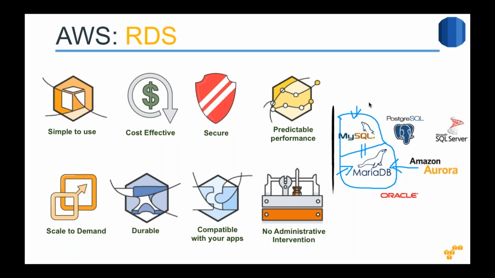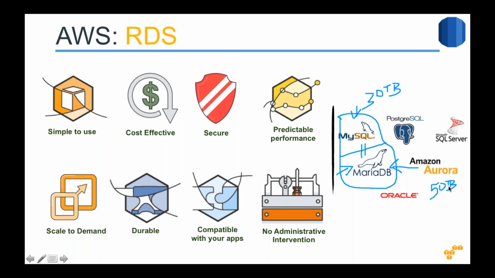Let us say MySQL can support about 30 terabytes. I don't know exactly, but there is a limit on how much you can store in MySQL in RDS. Amazon Aurora has put that limit higher, let us say 50 terabytes. That is the kind of improvement Amazon has done on top of MySQL, and there are certain other enhancements as well.